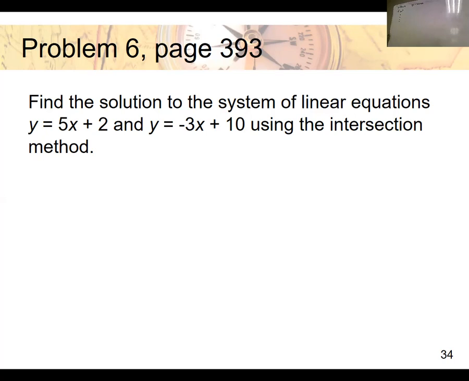So for y equals 5x plus 2, I'm going to pick x equals 0 and just substitute 0 in for x. So 5 times 0 is 0, and 0 plus 2 is 2. Then for x equals 1, that's 5 times 1, which is 5, and 5 plus 2 is 7.